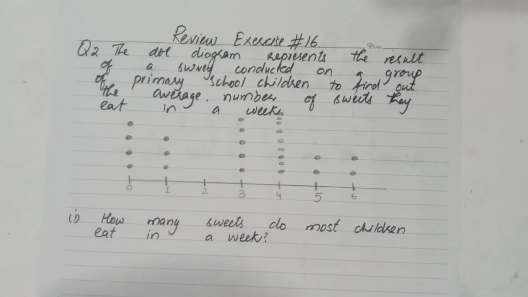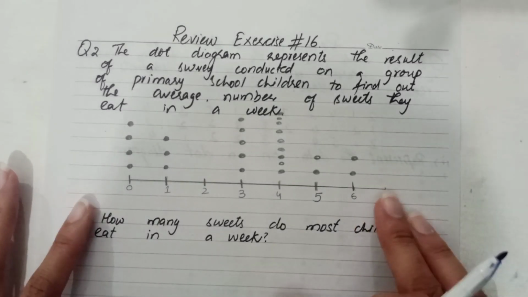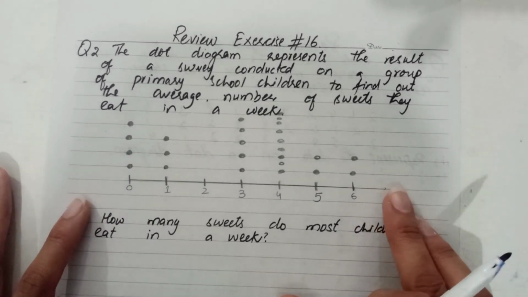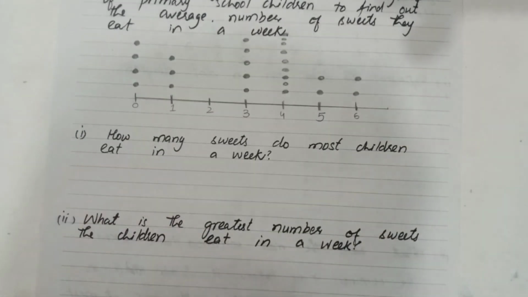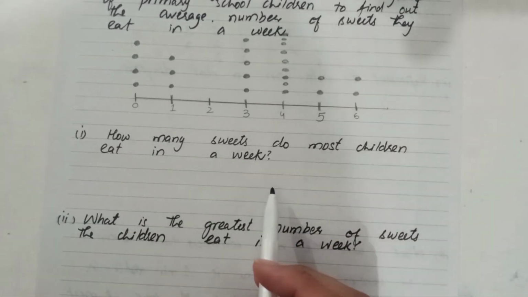Now students, question number 2: the dot diagram represents the result of a survey conducted on a group of primary school children to find out the number of sweets they eat in a week. This dot diagram is provided to us, and in part number 1 we have to find how many sweets most children eat in a week.